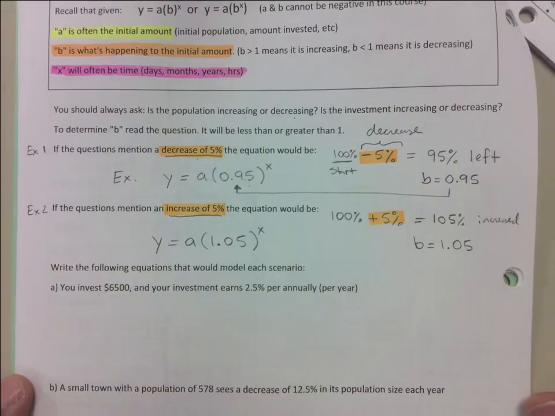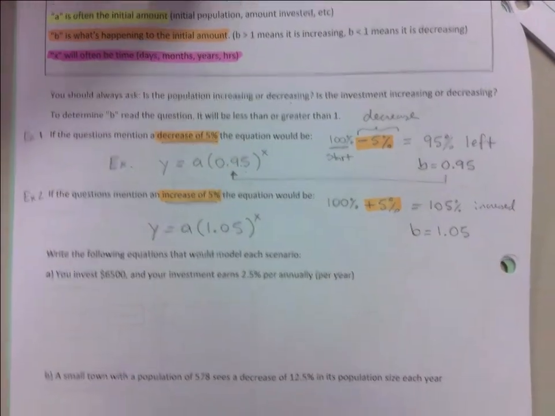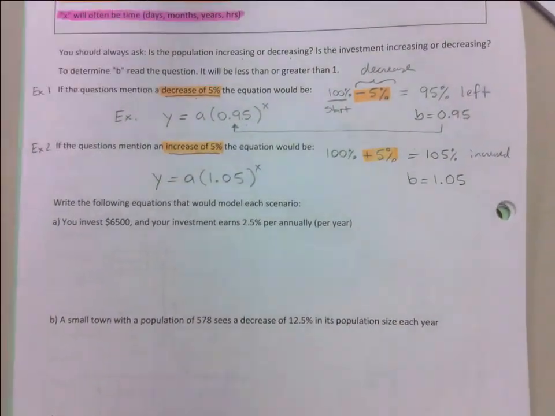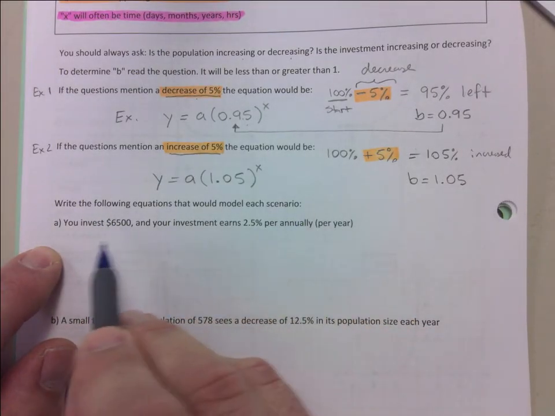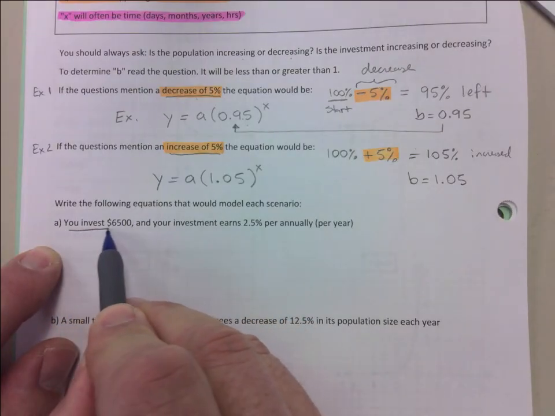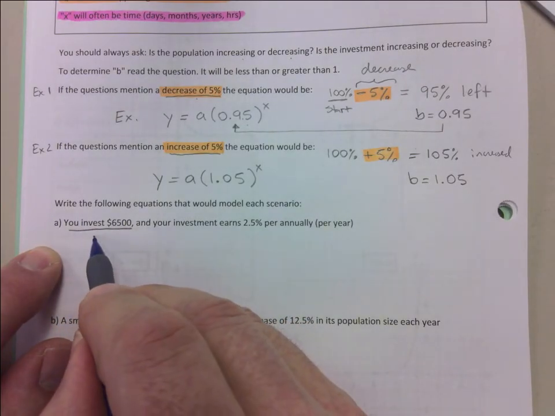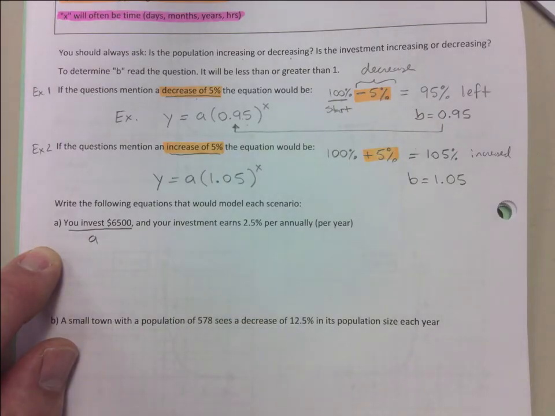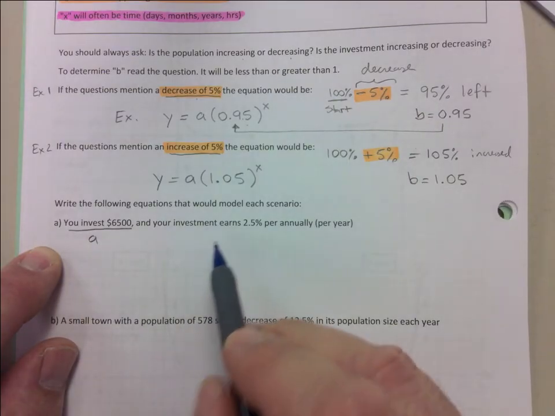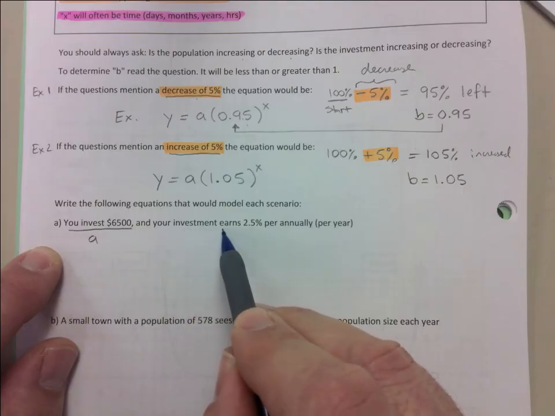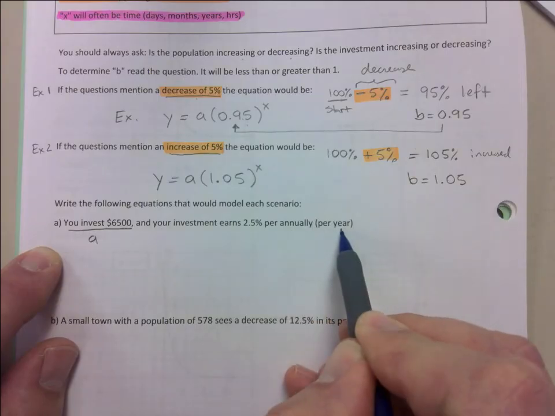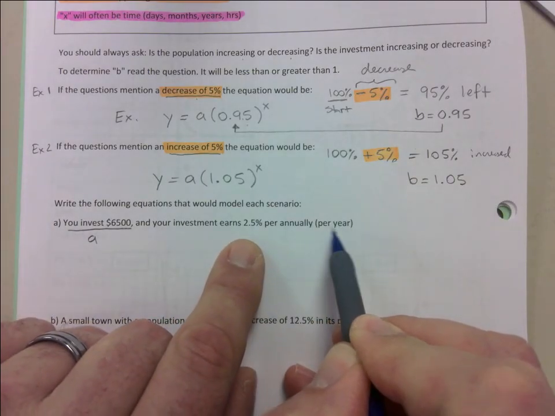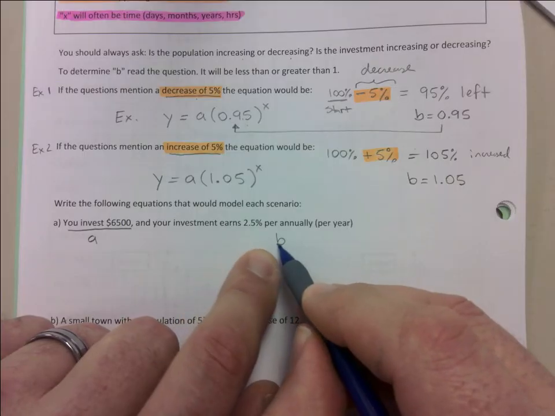Okay. So here are some examples where we do know A. In each of these scenarios, write your equation. You invest $6,500. That is A. That's your initial amount. Your investment earns 2.5% annually, per year, that is. So what is B in this case?